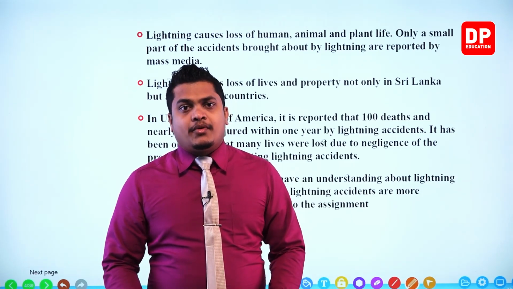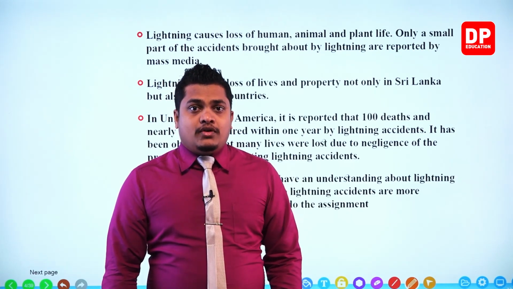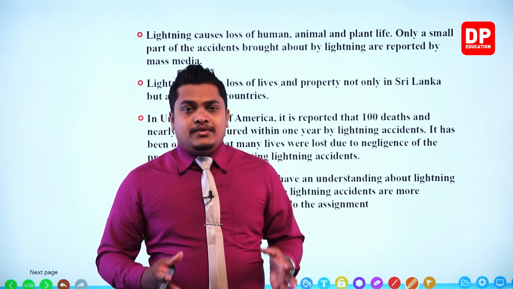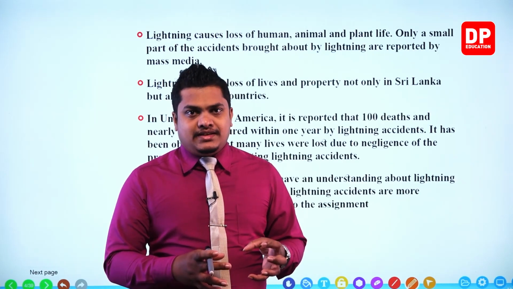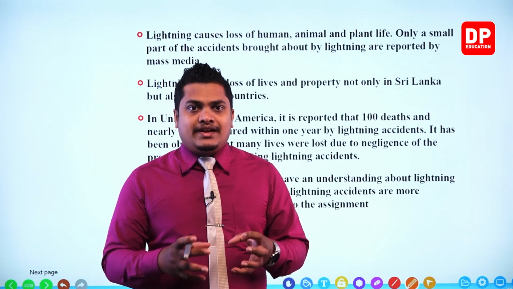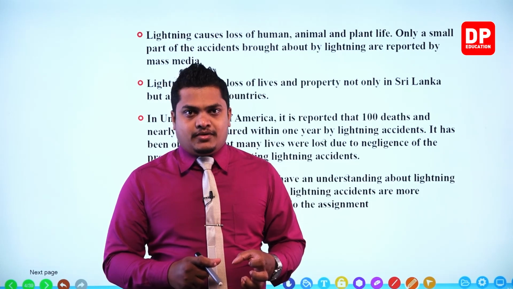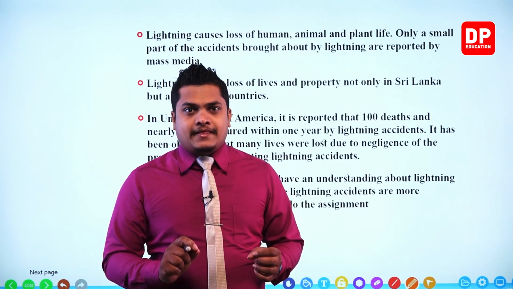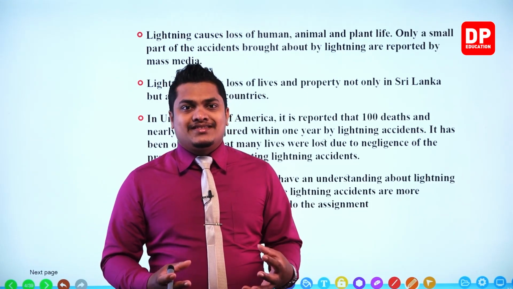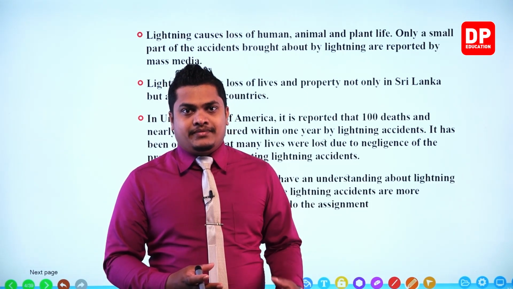Otherwise, it will not be reported for sure. So we'll be able to get information only about a few incidents when we consider lightning accidents from mass media. There can be several other minor cases, but only major cases are reported in mass media.